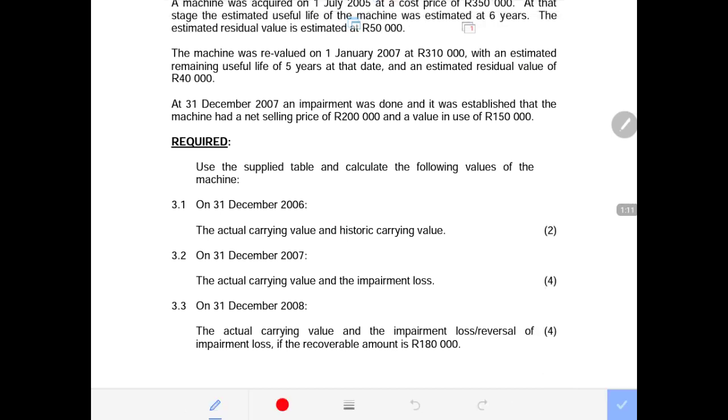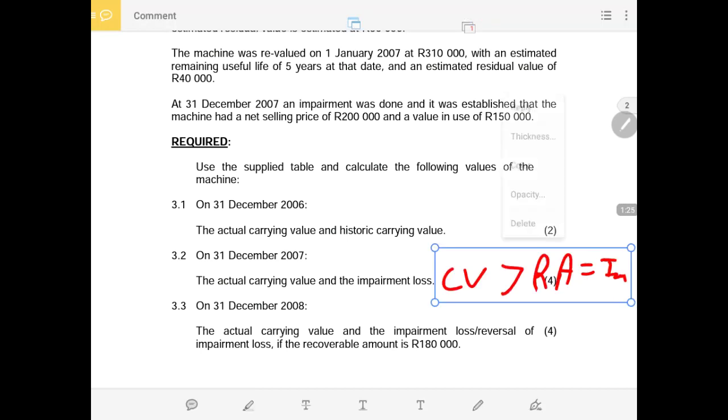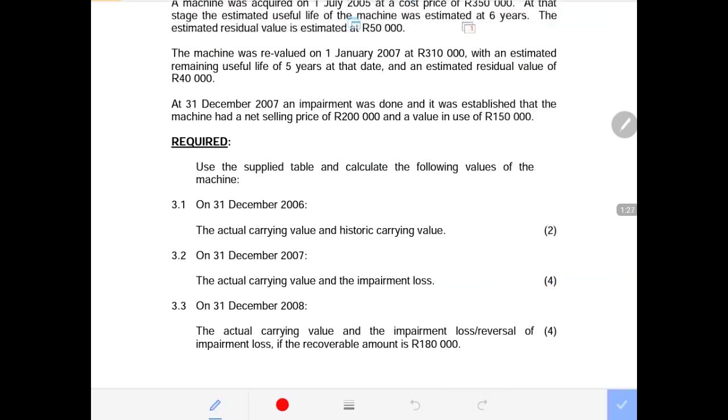Obviously, if we have an impairment loss, that means the carrying amount is more than the recoverable amount. That is why there will be impairment loss at the end of the year 2007.